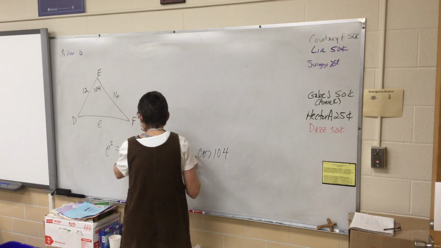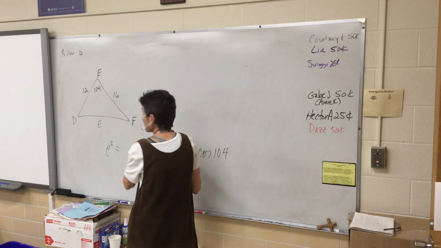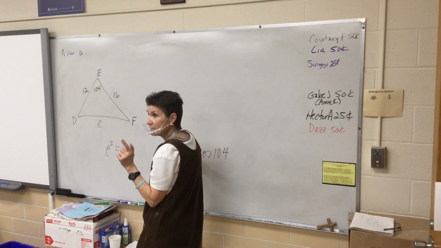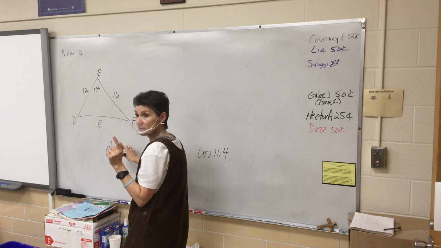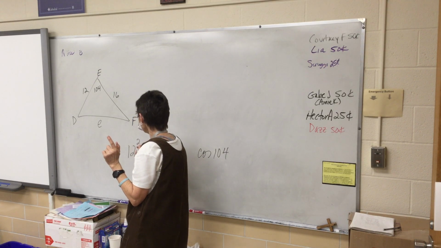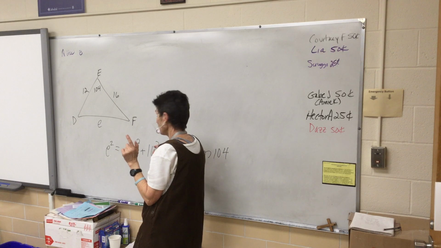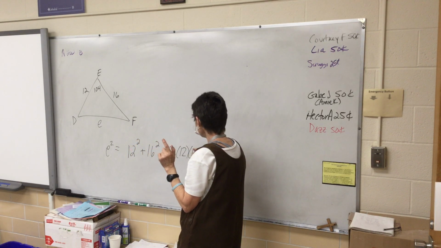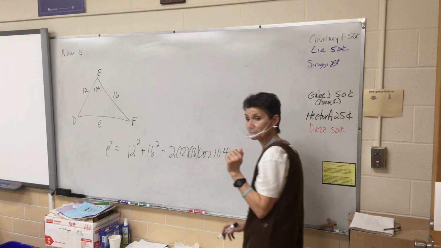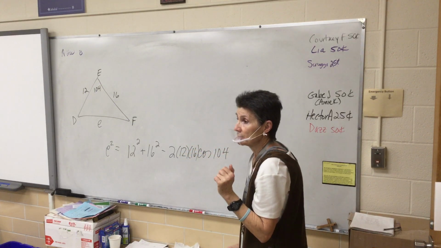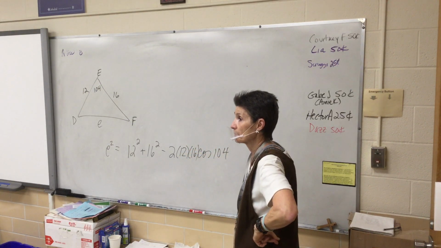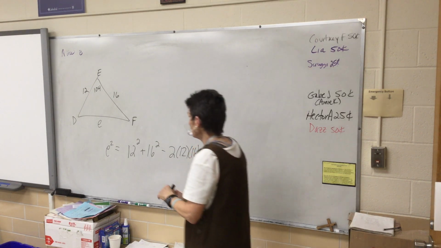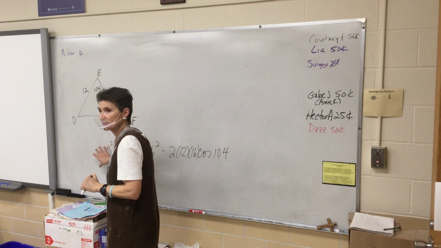And then everything in the middle is going to be that combination of 12 and 16, right? So it'll be 12 squared plus 16 squared minus 2 times 12 times 16. That's exactly right. When your variable is already by itself, see how that is?